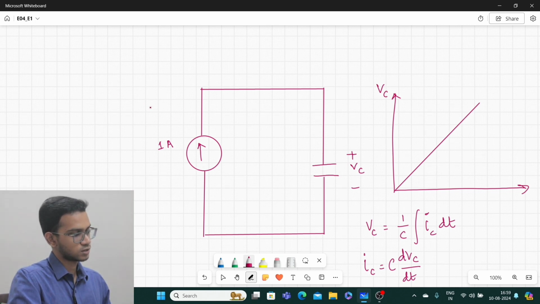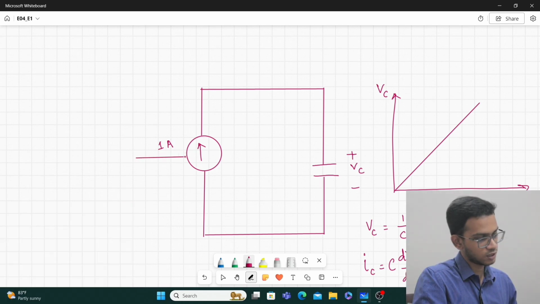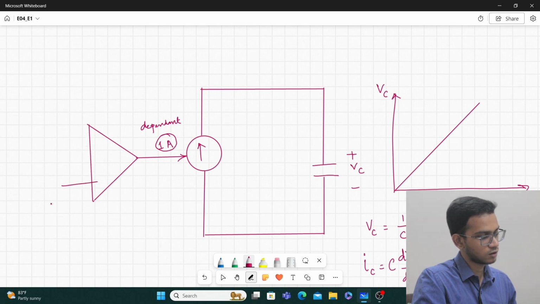Now this will make more sense if this current source is actually not a fixed current source, but the magnitude of this current source is dependent on some error which is occurring between a reference signal and an actual signal.